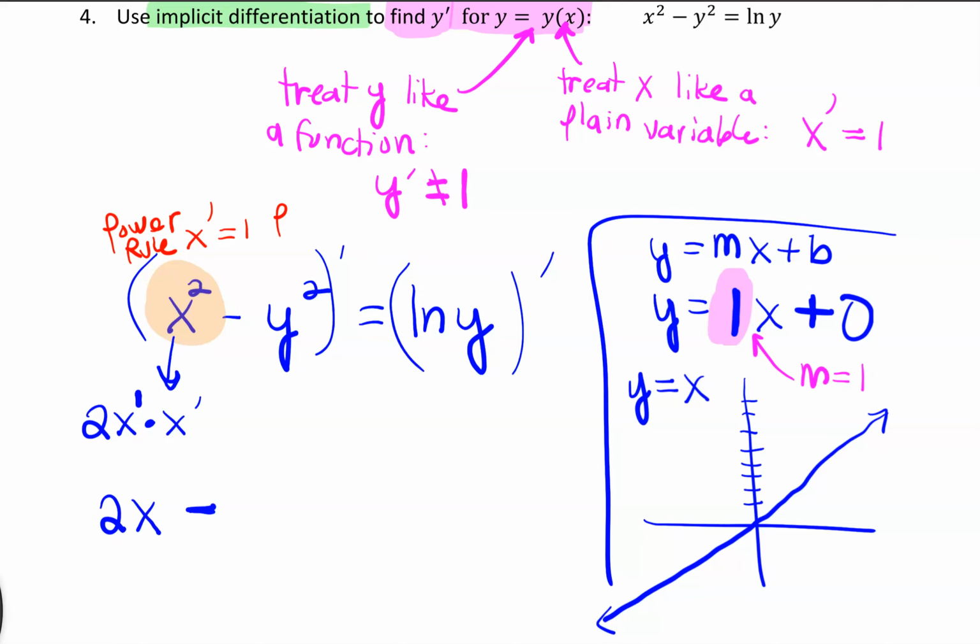It's the slope 1, y-intercept 0. So we just have to train our brains that anytime you have a derivative of a plain old variable, it's just going to be a 1. And it doesn't matter if it happens to be a plain old t, the derivative of a plain old t is going to be a 1. If the variable is a price, then the derivative of a price would just be 1. If the letter is acting like an input variable, the derivative is always 1. If the letter is a function, it's not.